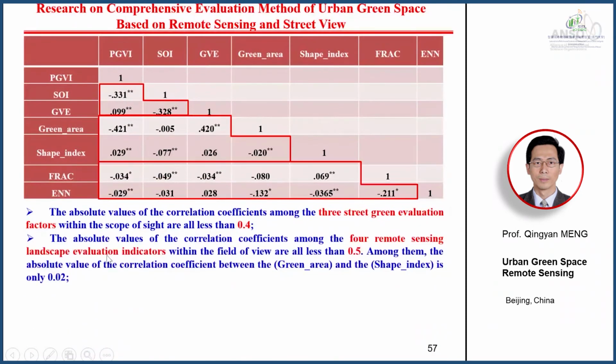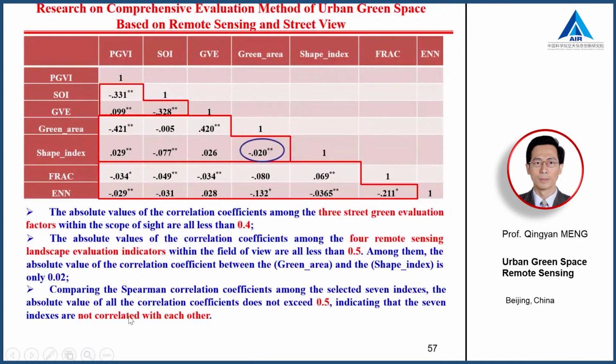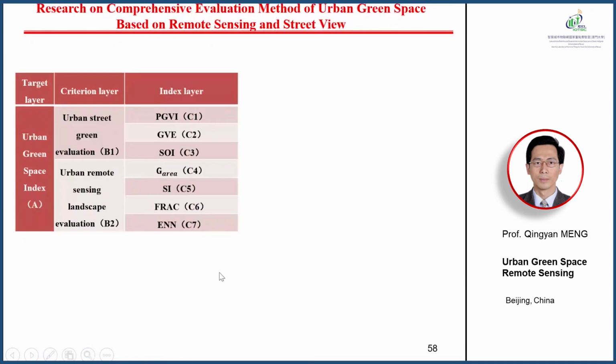We can also get other information from the absolute value of the correlation coefficient among the 4 remote sensing landscape evaluation indicators. Also comparing the Spearman coefficient. Among the selected 7 indexes, the absolute value of all the correlation coefficients doesn't exceed 0.5, indicating that the 7 indexes are not correlated with each other.